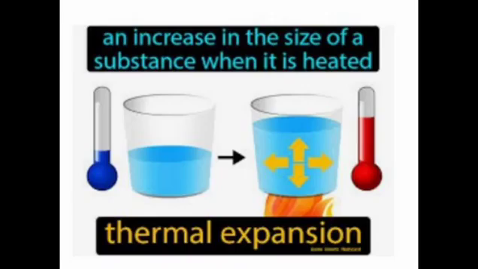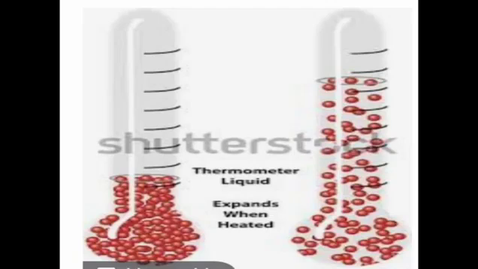Now let us learn about thermal expansion. An increase in the size of a substance when it is heated is called thermal expansion. When a substance, be it a solid, liquid or gas, is heated, its molecules become more energetic and move farther apart, and this causes the substance to expand.